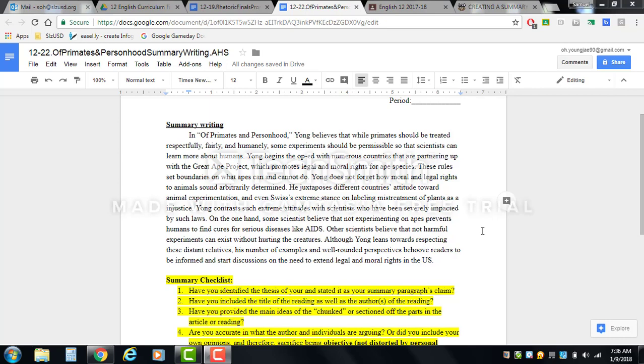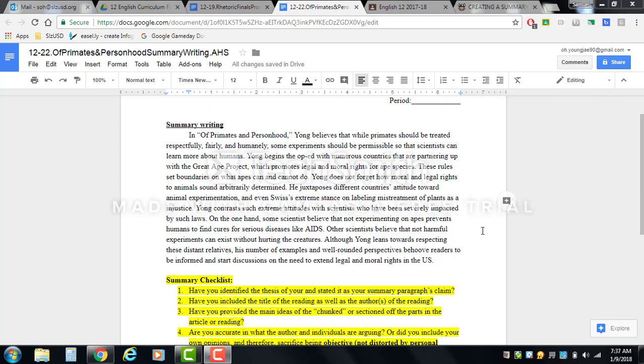But there are other reasons too. A summary provides information of what you've comprehended or what a reader has comprehended. In other words, a summary is a demonstration and a test of what you actually know about a given text.